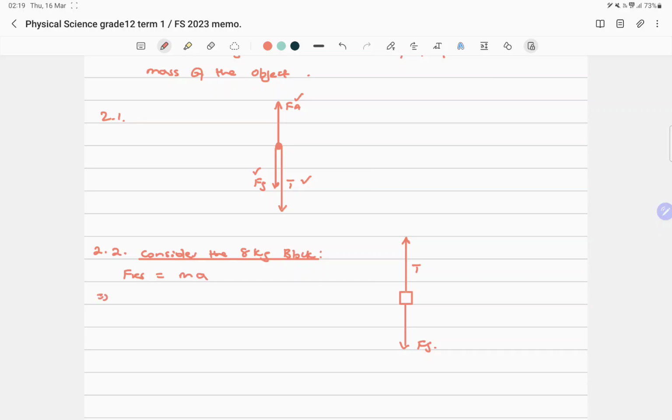This implies, so if we're moving upward, we definitely are, the tension is greater than the gravitational force. So we know that the tension minus Fg is going to be equal to ma, right? Which implies that 120 minus 8 into 9,8 equals 8a, right? Therefore, our a is going to be equal to 120 minus 8 into 9,8 divided by 8.